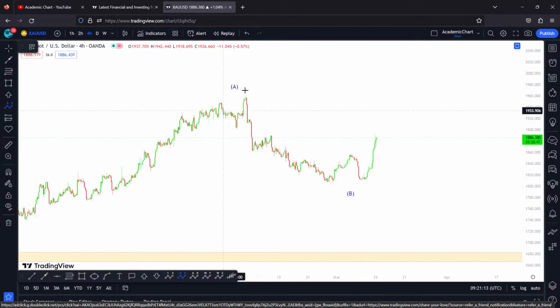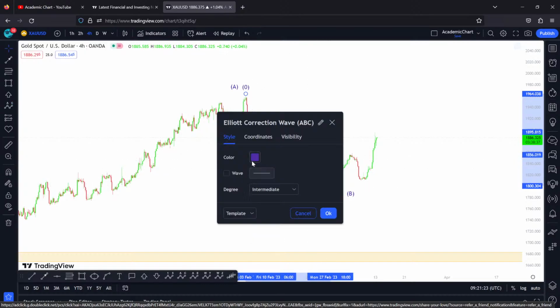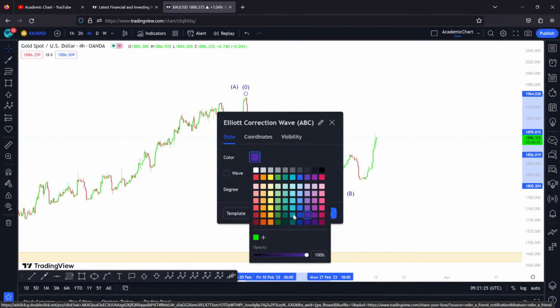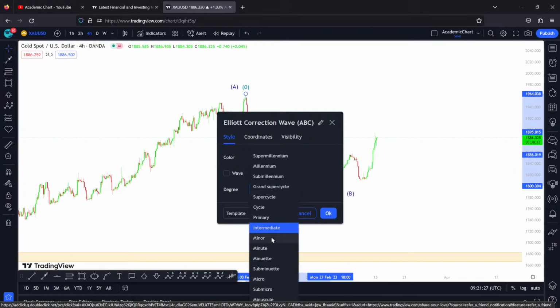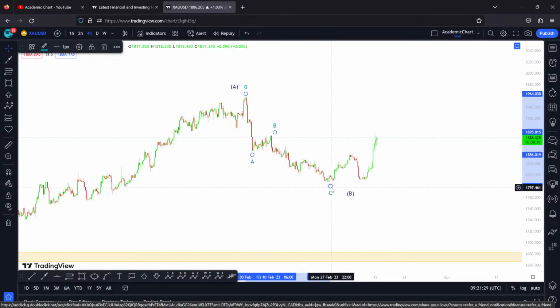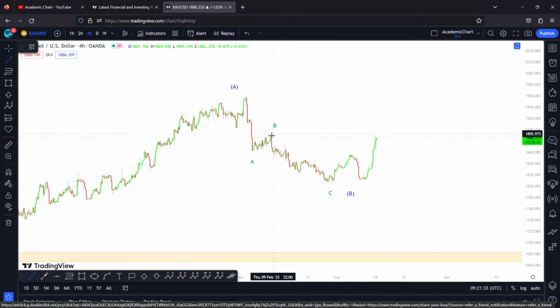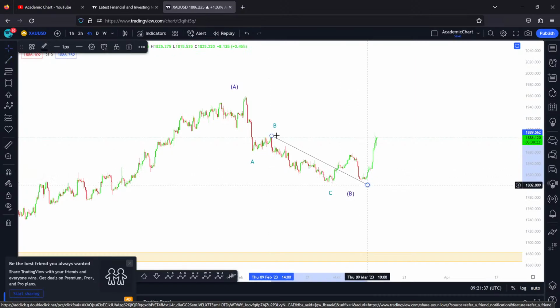So this was our A, B, and C to the top, but this B is also a corrective structure. So I can see some sort of an ABC here, but as the minor wave. So let me also indicate them as such.